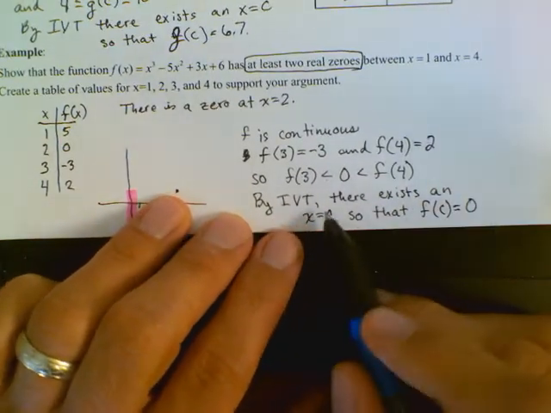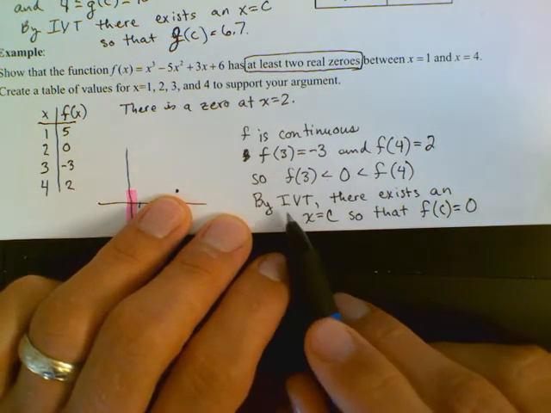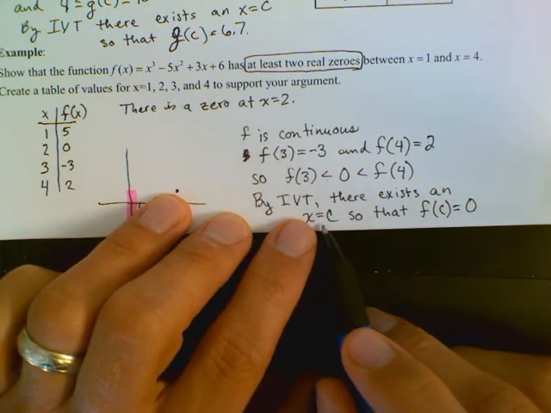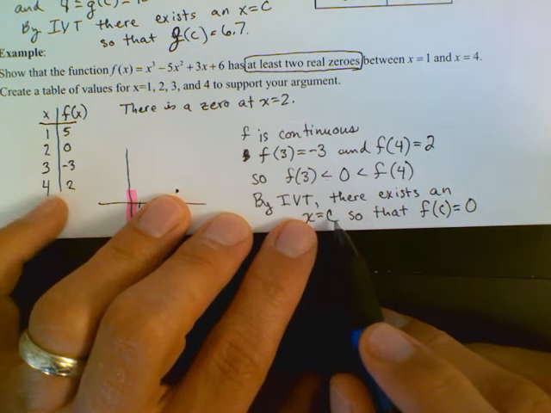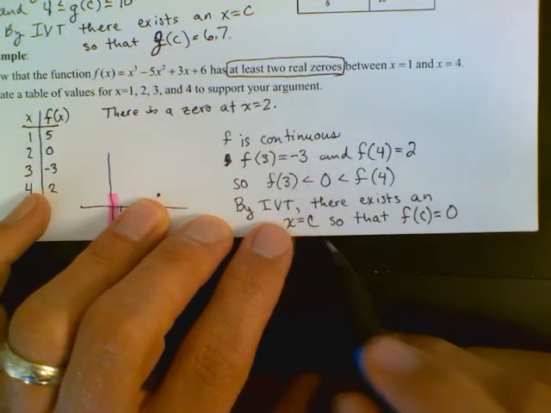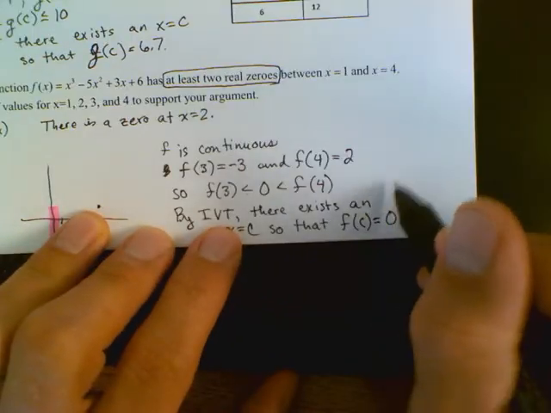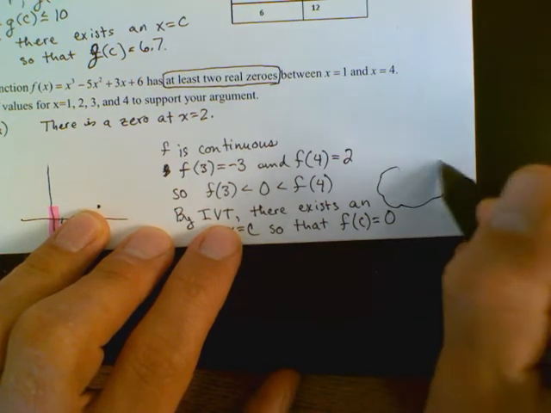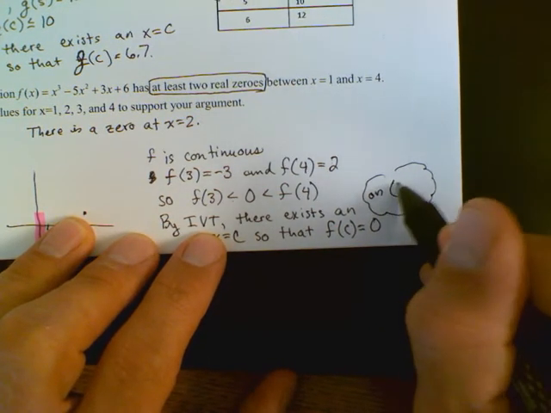I'm missing something. I should say there exists a value x equals c on the interval between 3 and 4. So I should probably add this on the interval from 3 to 4.